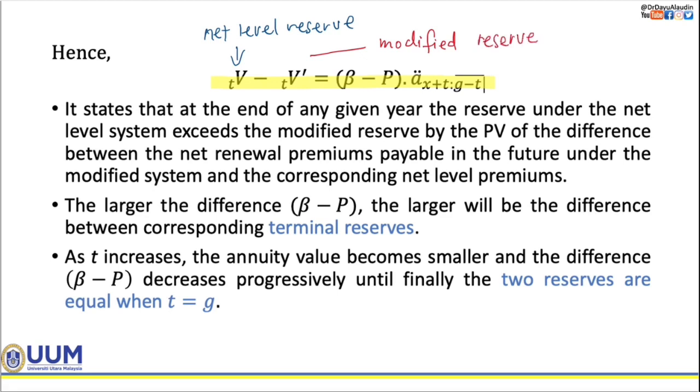This equation states that at the end of any given year, the reserve under the net level system exceeds the modified reserve by the present value of the difference between the net renewal premiums. So beta is the net level renewal premium payable in the future under the modified system and the corresponding net level premium, P, is the net level premium.